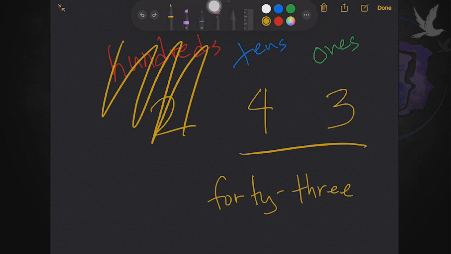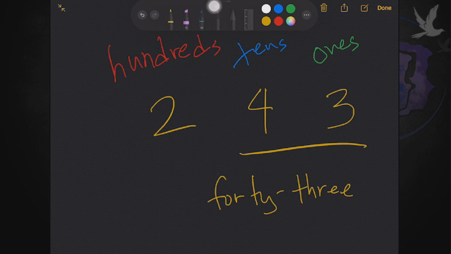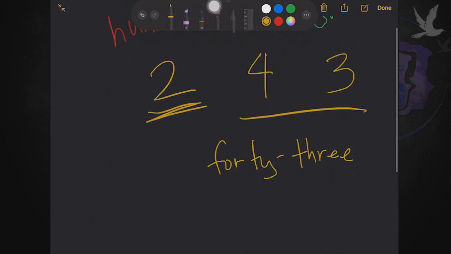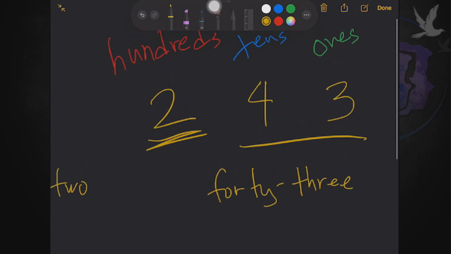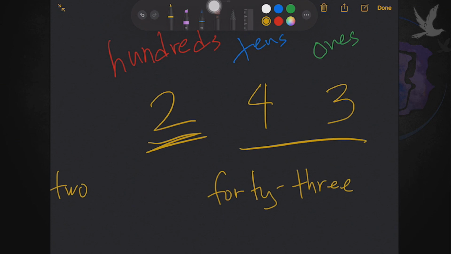Okay. Now going back, let us now include this digit over here. What number do you see here? This number is spelled as two. What place value is it in? If you notice, it is under the hundreds value, which means in this case, we have two hundred.